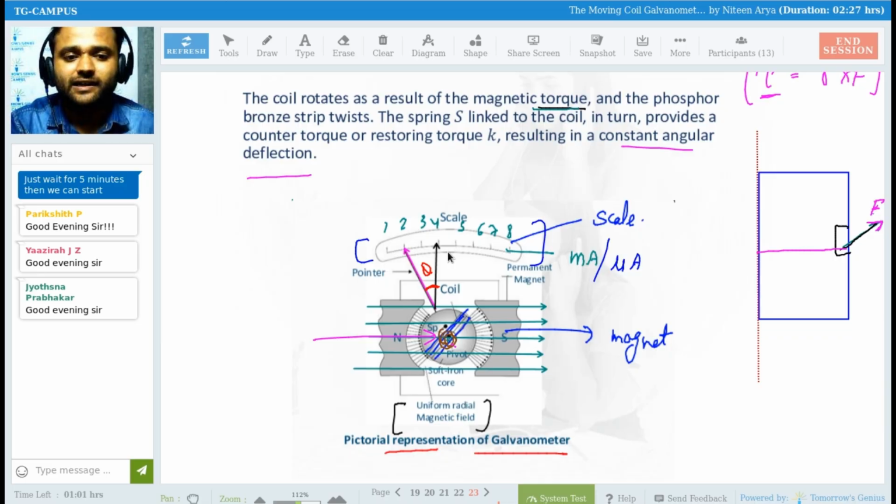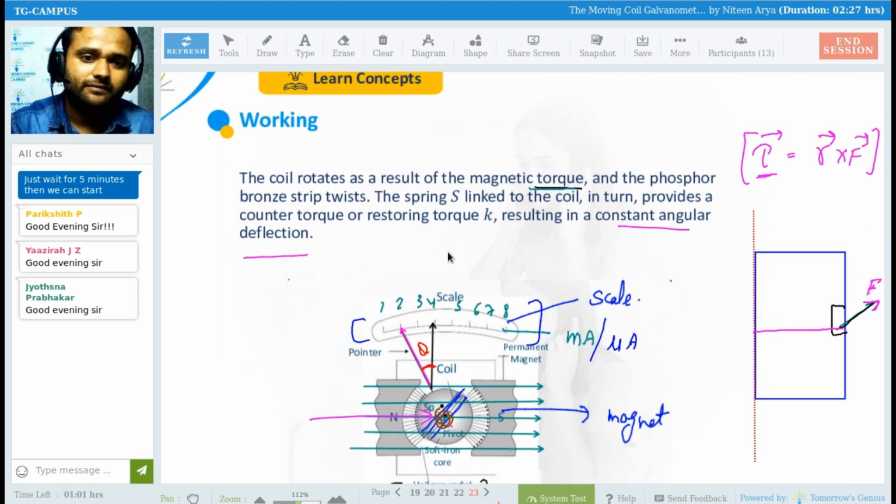Better understanding is more important as compared to learning the formulas. Should I explain again? Tell me everyone, is this clear? Then I move ahead, because if this is clear, then everything is easy.